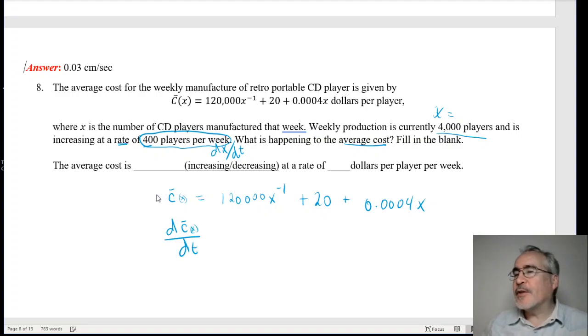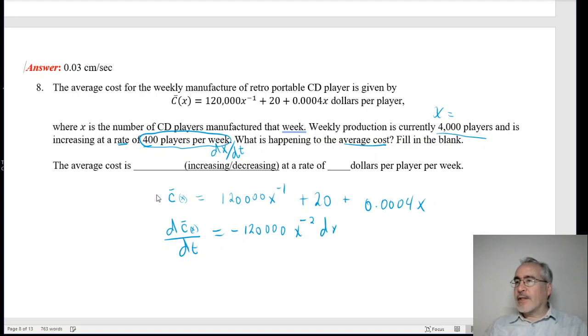You could use the prime notation here. This part is the derivative of x. So when we take the derivative of x, the negative 1 comes down. So that's minus 120,000, because negative 1 times 120,000. For x, we subtract 1 from the exponent. That gives us x to the minus 2. This gives us a dx dt, because we took the derivative of x with respect to time. 20 is a constant, so when you take its derivative, it's 0, so that part's just gone.